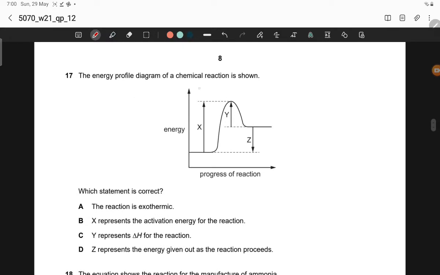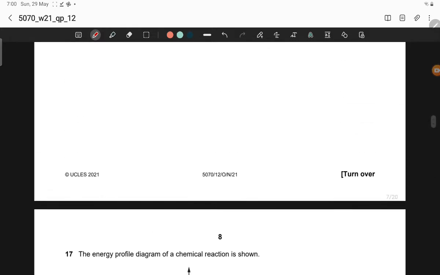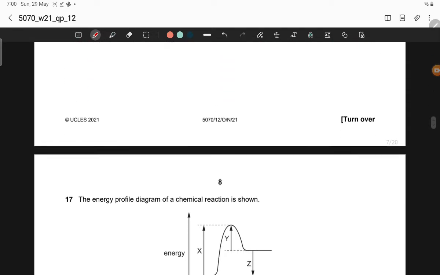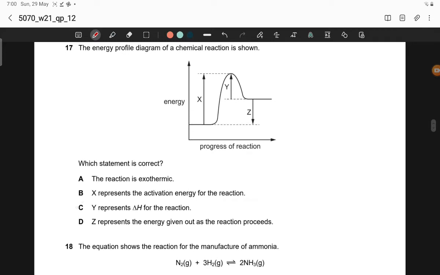The energy profile diagram of a chemical reaction is shown. Which statement is correct? The reaction is exothermic. No, the reaction is not exothermic, it is endothermic, because heat taken in is more than heat given out. X represents the activation energy for the reaction.